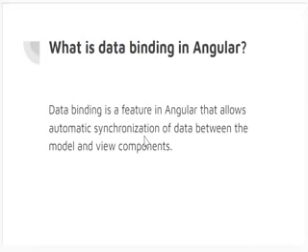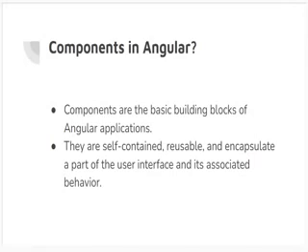The view is of course the web area that you see, and the model is the logic, or the data model, behind it. This feature that allows this synchronization, or this flow of data, is called data binding. And there are two types of data binding: one-way data binding and two-way data binding. Let's go through that question first.